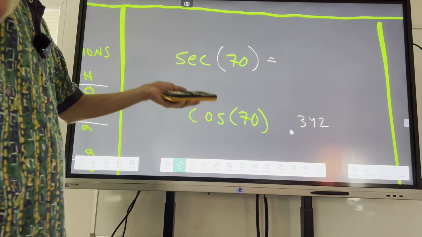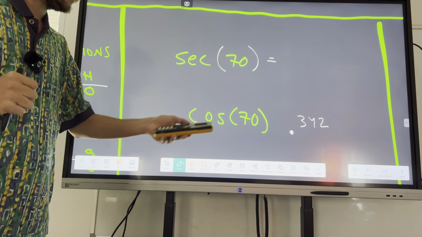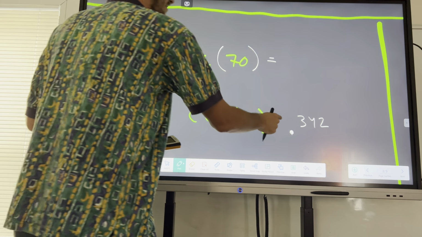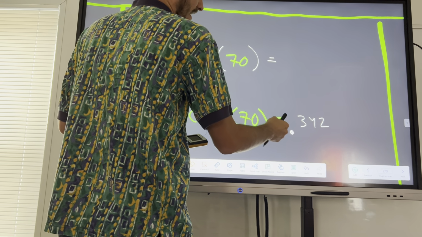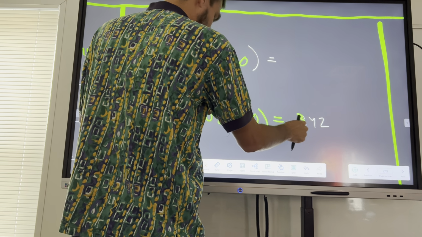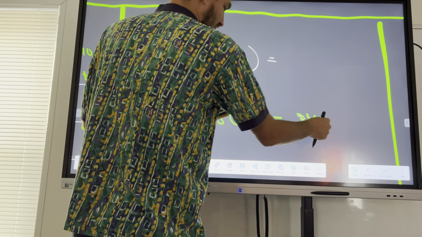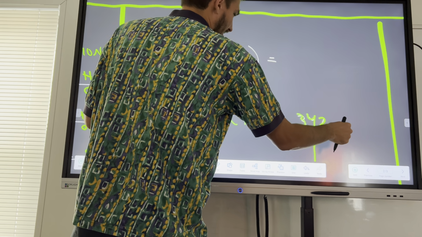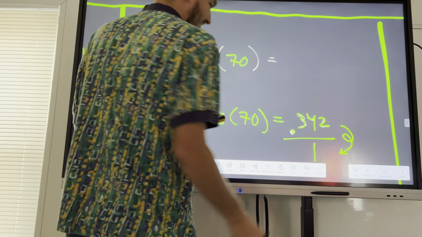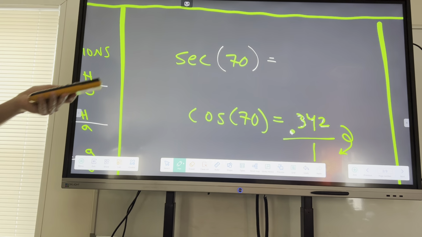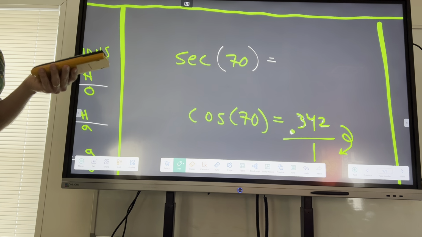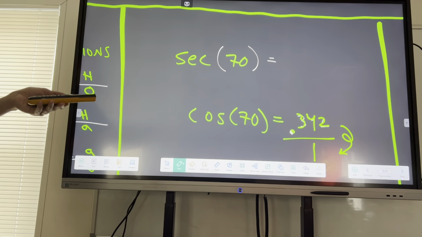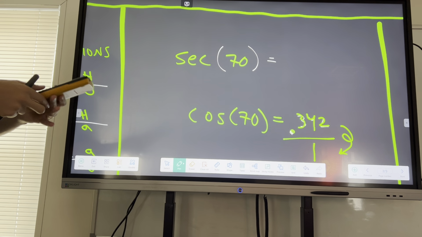Now, if this is supposed to be the upside down of what we want, then 1 divided by 0.342 is what we actually want, because we want the upside down fraction of the cosine.